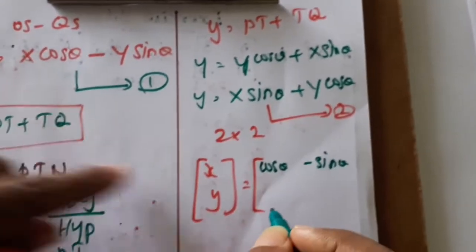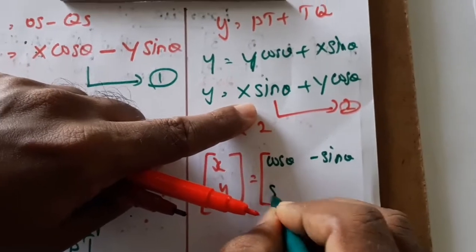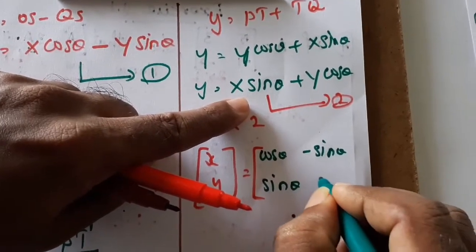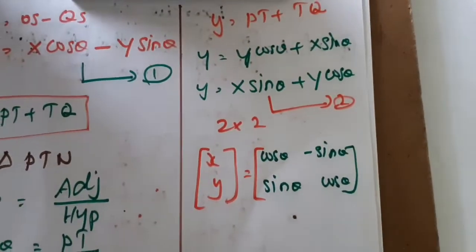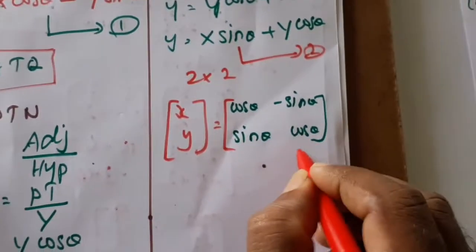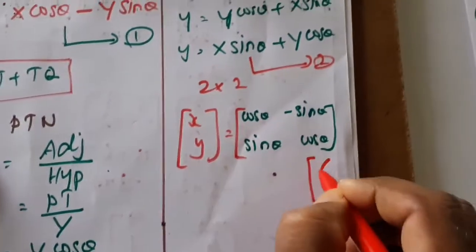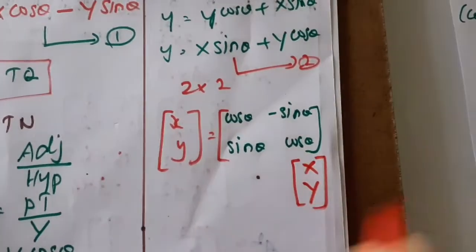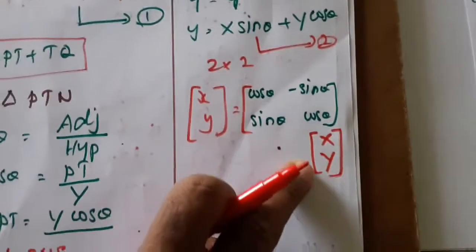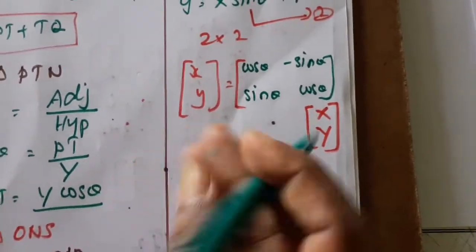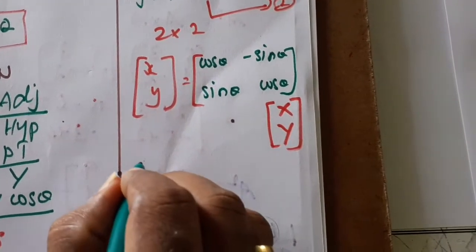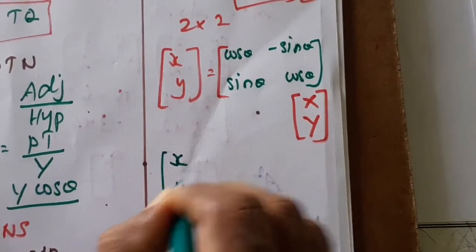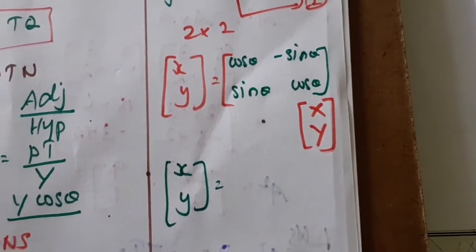Next, the y term: sin theta, positive cos theta. Then we need each and every term capital X and capital Y. So this is small x and small y, and this is the whole term.